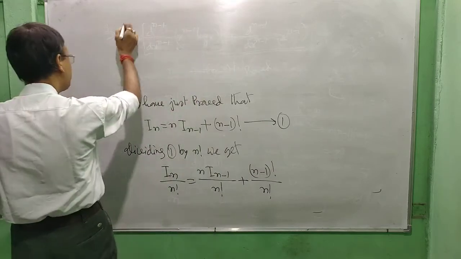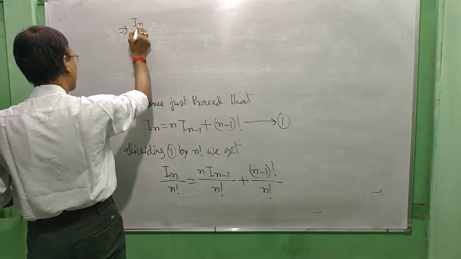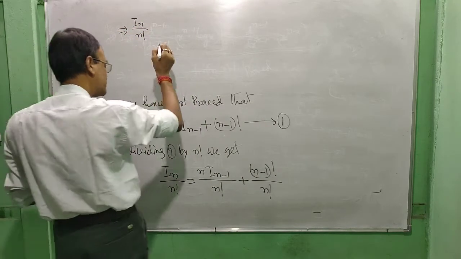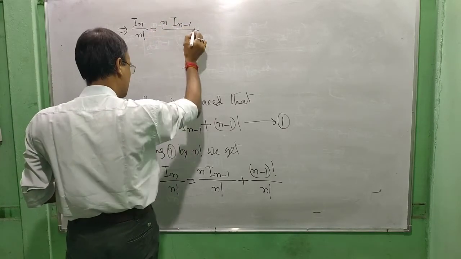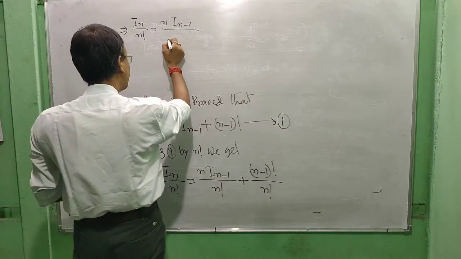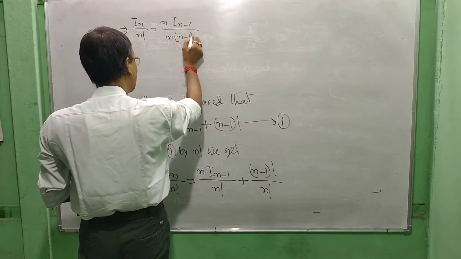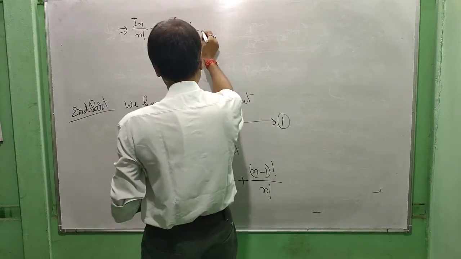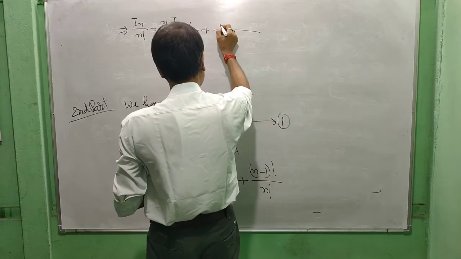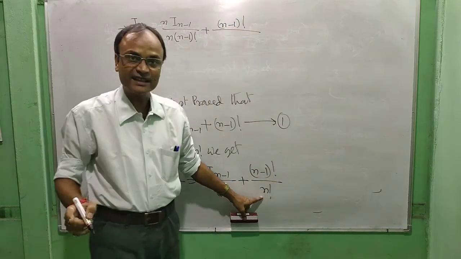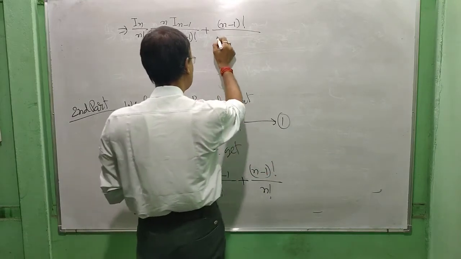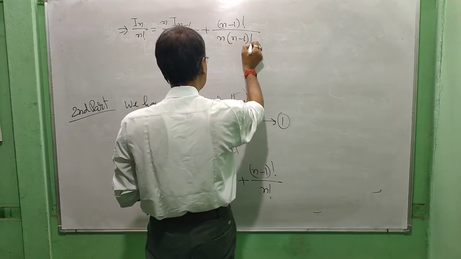Now factorial n can be written as n into factorial n minus 1. This factorial n can be replaced by n into factorial n minus 1.